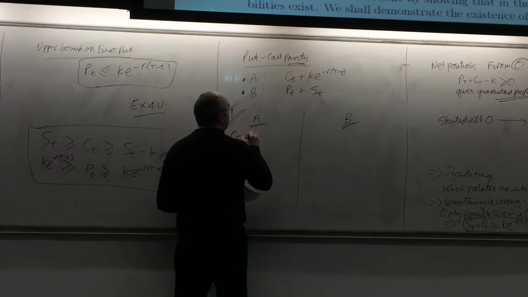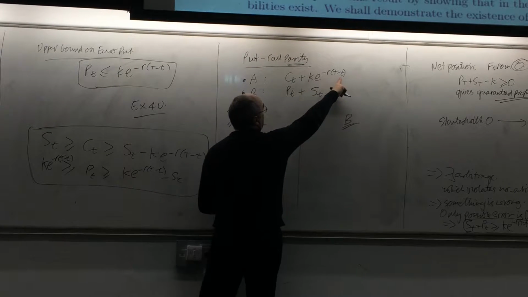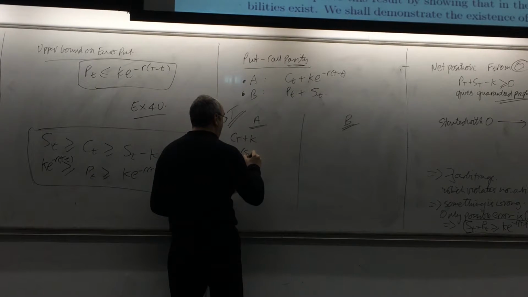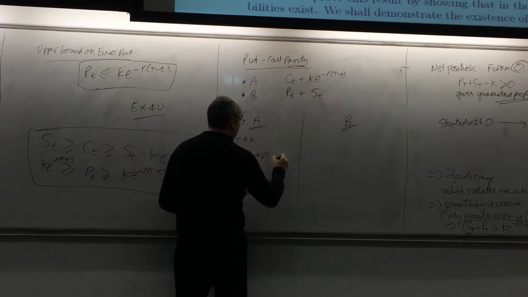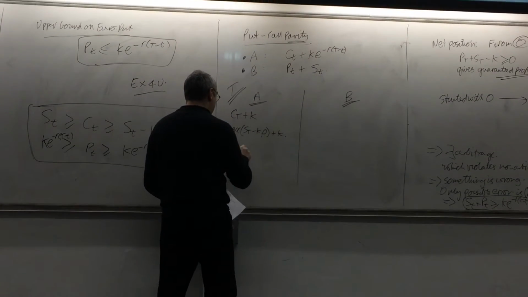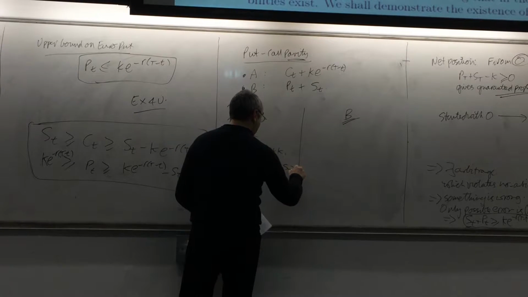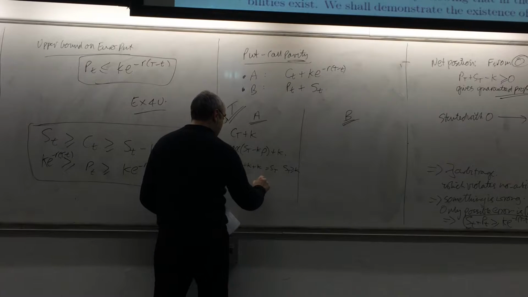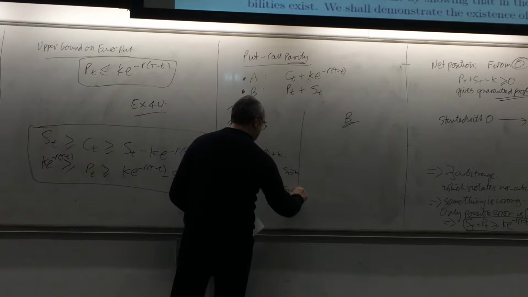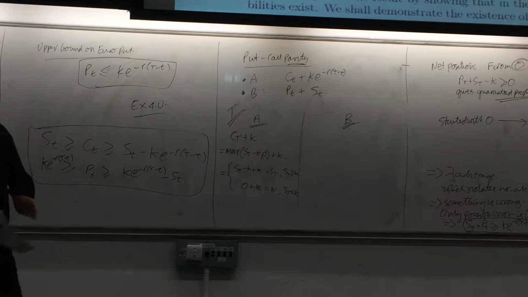Well, the value of that is CT plus K, okay, because t equals capital T, so this just becomes CT plus K, which is then the maximum value of ST minus K, 0, added to K. So that equals ST minus K plus K, which is ST, for ST greater than or equal to K, and it equals just 0 plus K, which is K, for ST less than K. So that's the value of portfolio A.